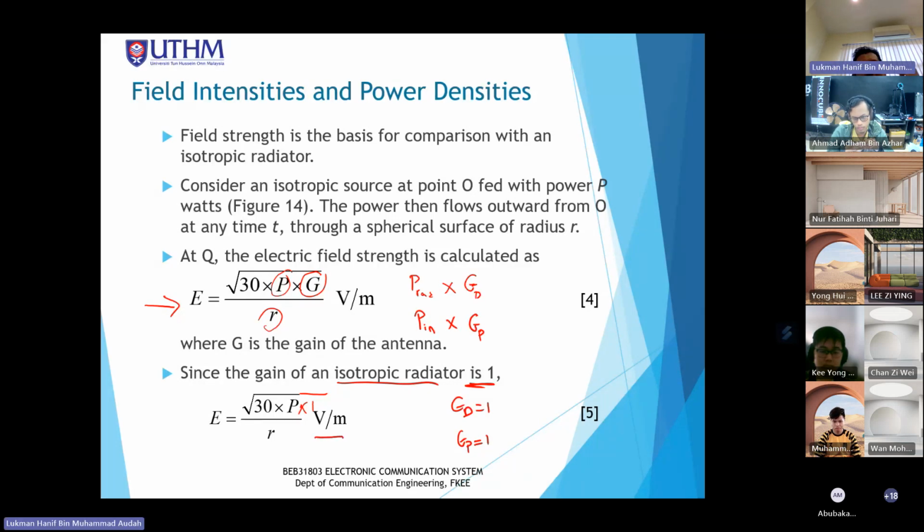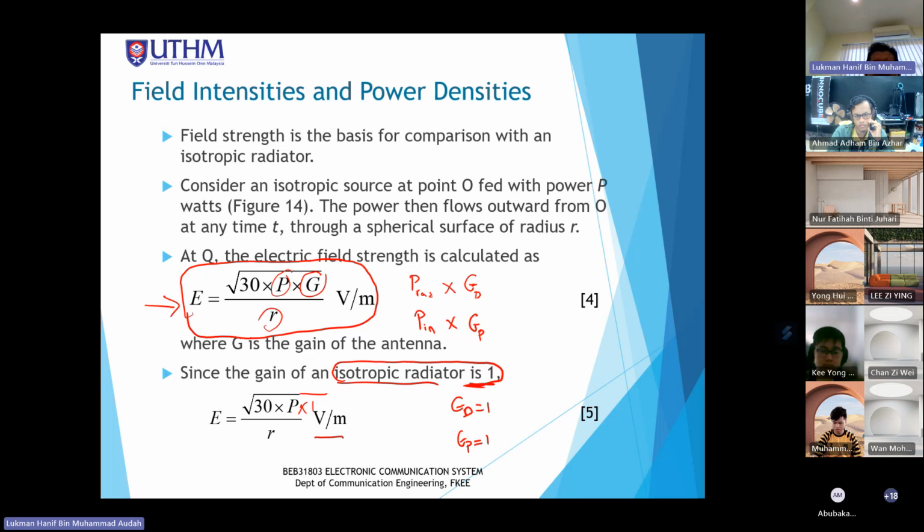Okay, so this is for the isotropic antenna. For other types of antenna, we can use the same equation, so we just play around with the P and G parameters.